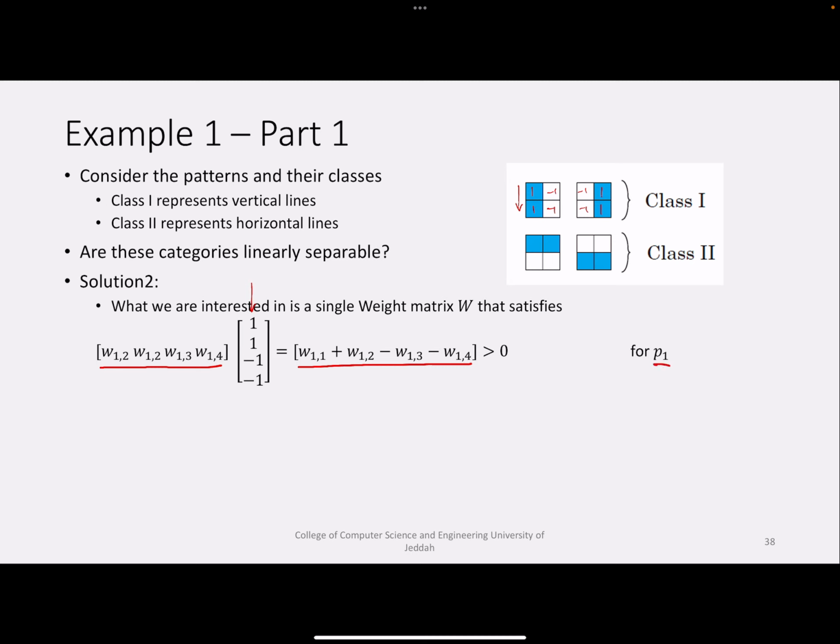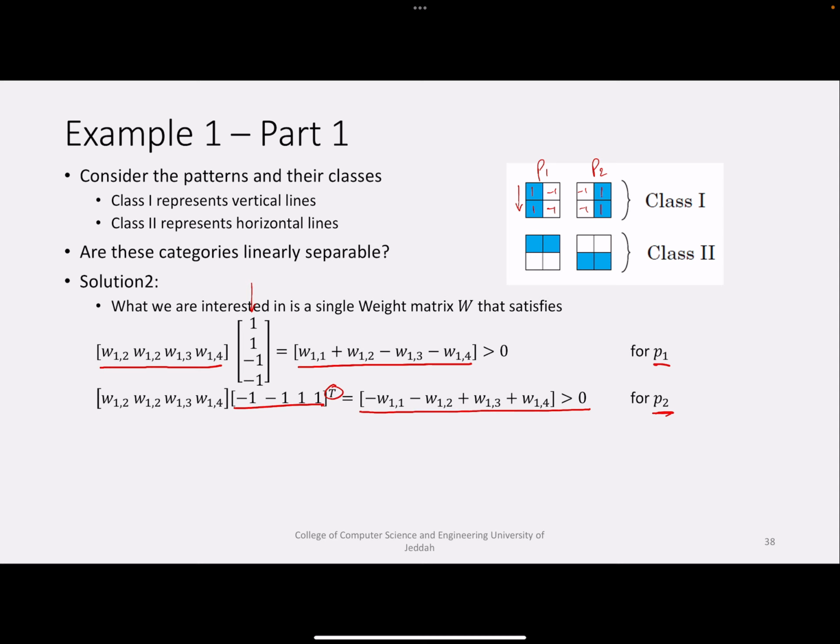And it should also be greater than 0 for P2, because P1 and P2 both belong to the same class. Let's take a look. So we use P2 for input now. I'm writing this input in its transposed form, and when you open that up you get this term over here.